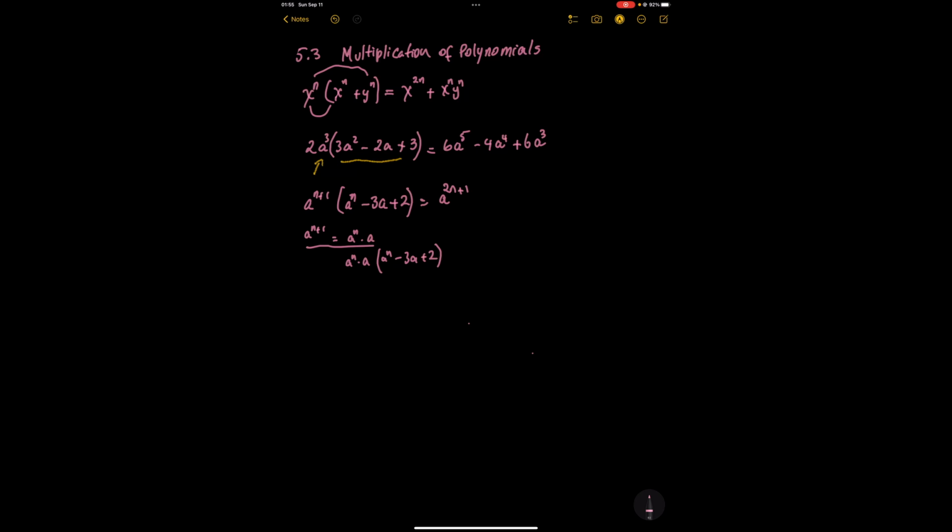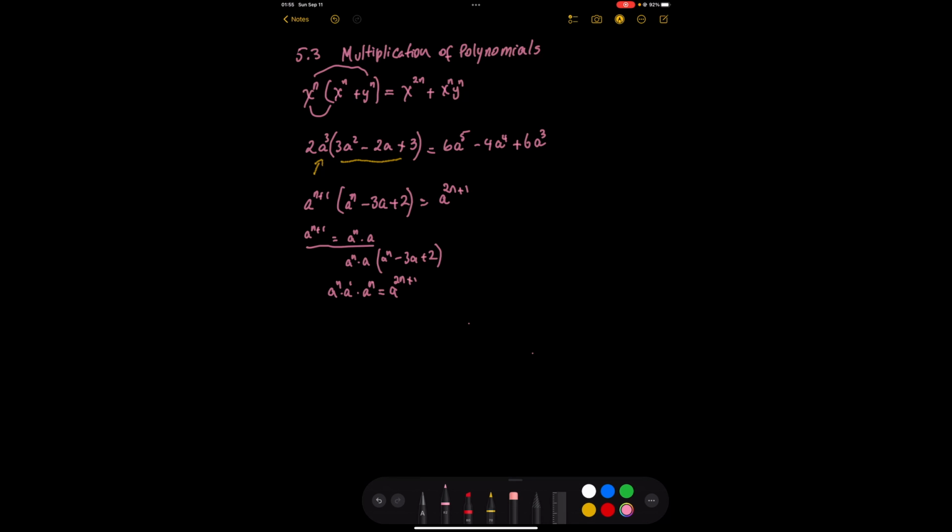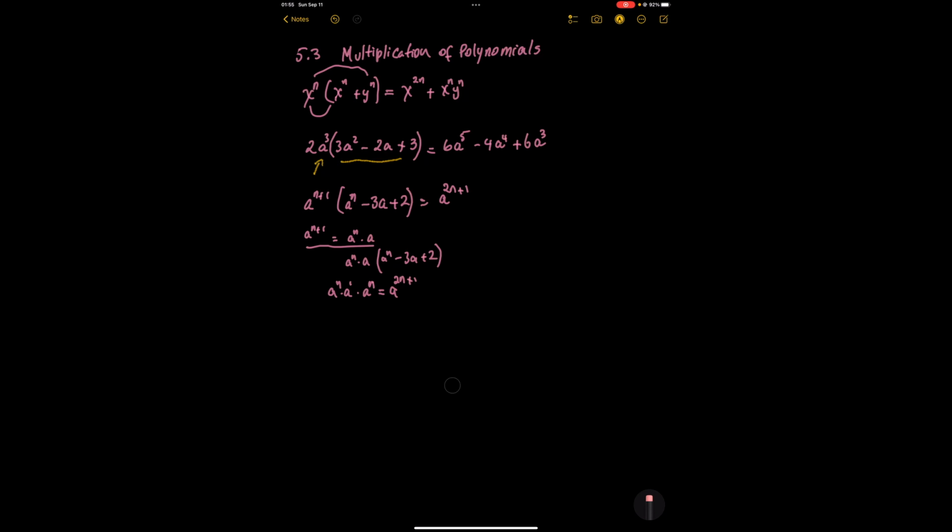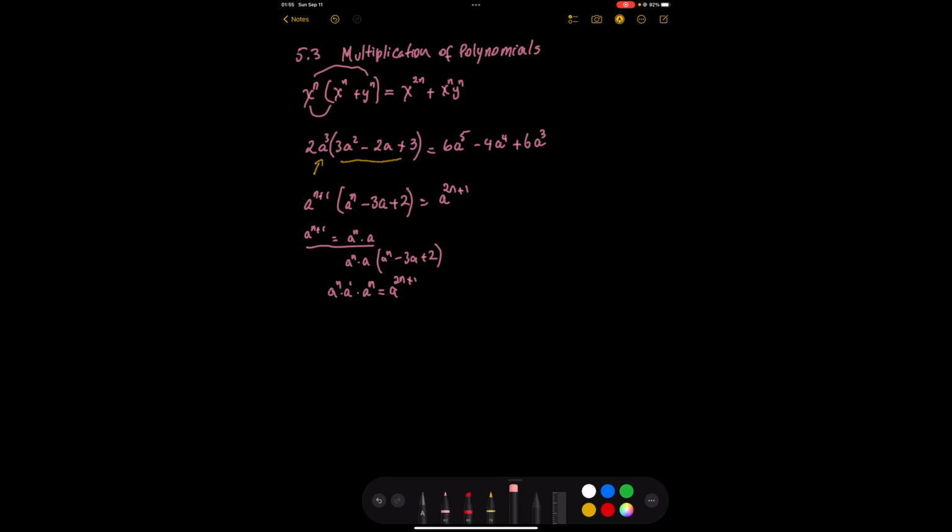It is because if you do a^n times a times a^n, you're going to get n plus n is equal to 2n, and that's a 1 plus 1. So sometimes, if you're unable to see it, try to break it down. That way you can easily understand what is going on.